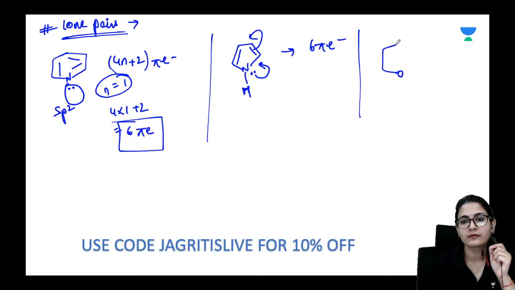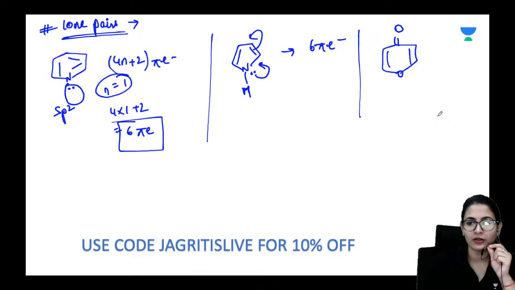अब ये बताओ, for this molecule, is it aromatic or non-aromatic or anti-aromatic? The third one.